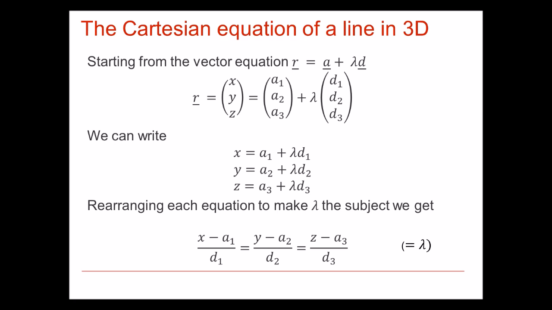Rearranging each equation to make lambda the subject, we then get the Cartesian form (x minus a1) over d1 equals (y minus a2) over d2 equals (z minus a3) over d3. All of these, of course, equal lambda.